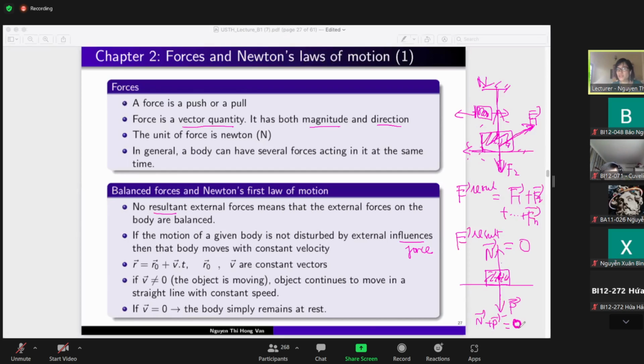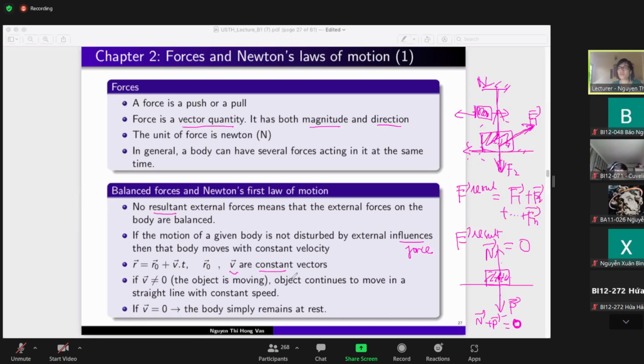So the resultant force, or the total force acting on the body, is 0. So in this case, the object will move with a constant velocity. Constant velocity means if initially it's at rest, it's still at rest forever. And if it's moving with some velocity, the velocity will remain constant.